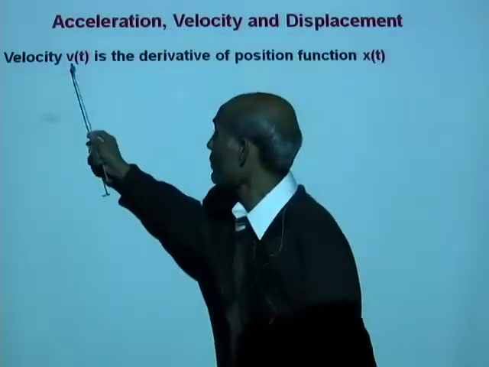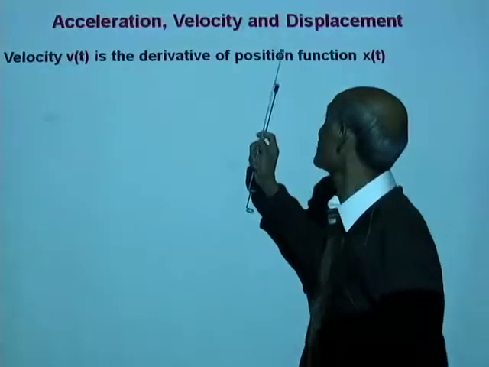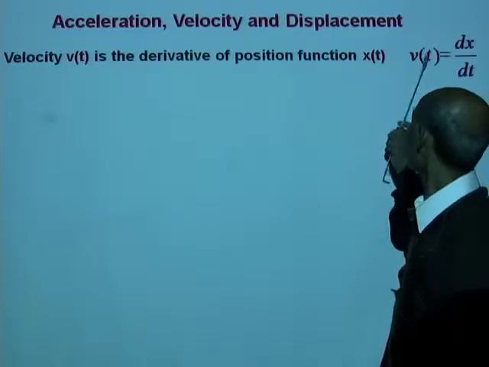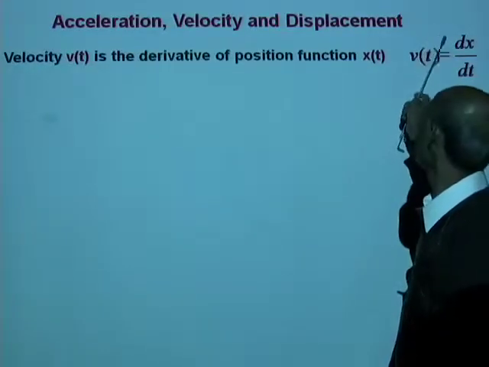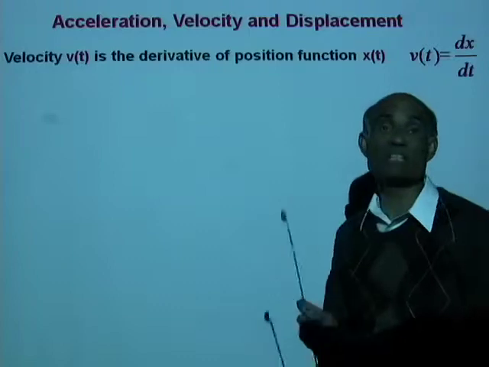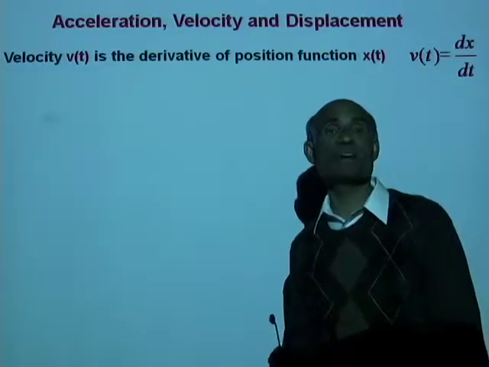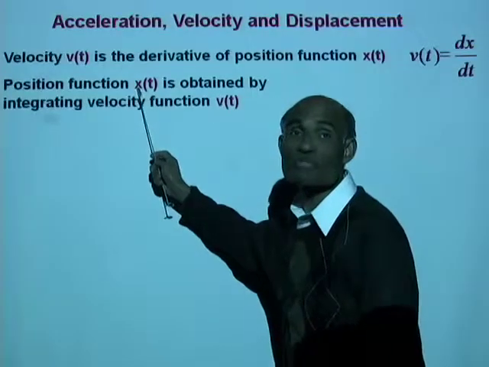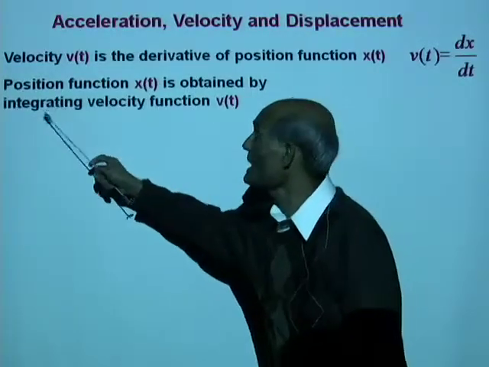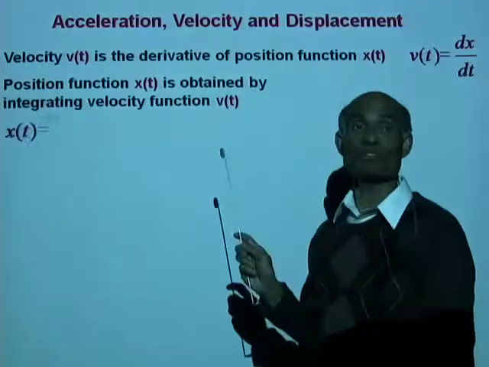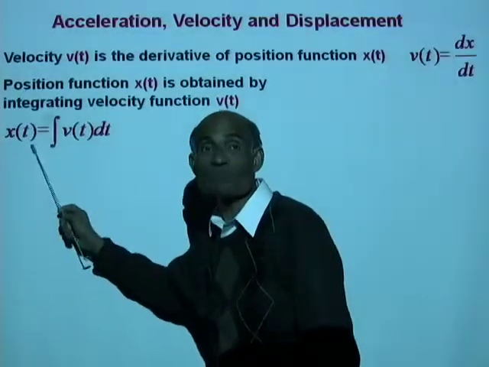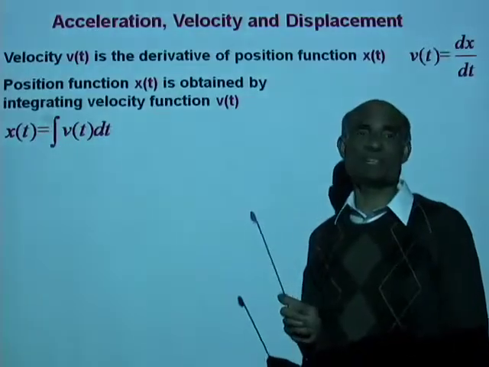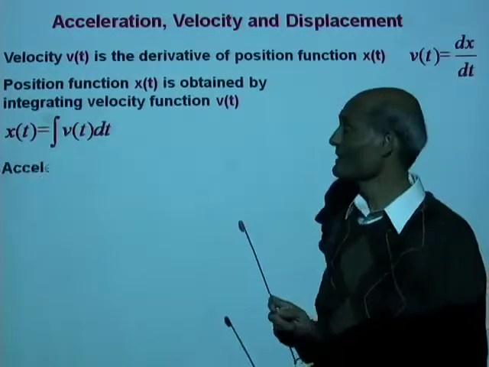All right. Velocity v of t is the derivative of the position function x of t. That means v of t equals dx over dt. That's the information we had in the last lesson. Therefore, the position function x of t can be obtained by integrating the velocity function. Therefore, x of t equals the integral of v of t dt. Alright?